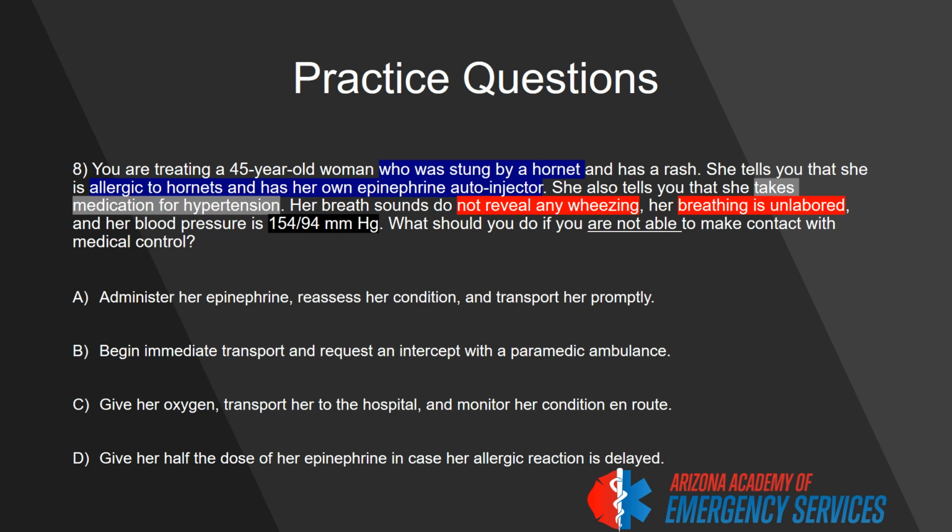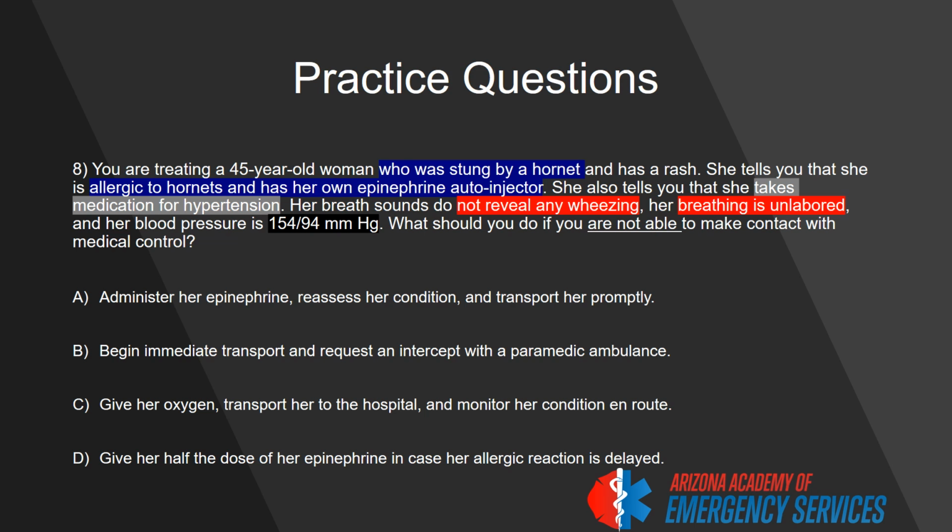It is not considered anaphylaxis until the airway is involved, which means if the bronchioles start to constrict and cause difficulty breathing or wheezing, that would be grounds to call this patient or determine that this patient is experiencing an anaphylactic reaction. And the fact that her breathing is unlabored also tells us that the airway has not been affected up until this point.